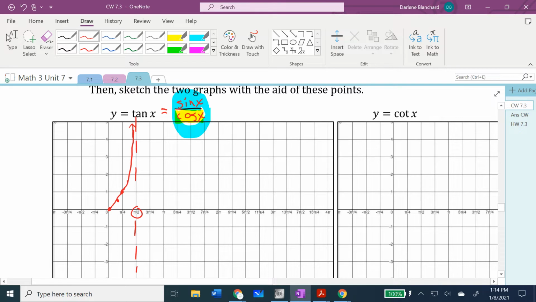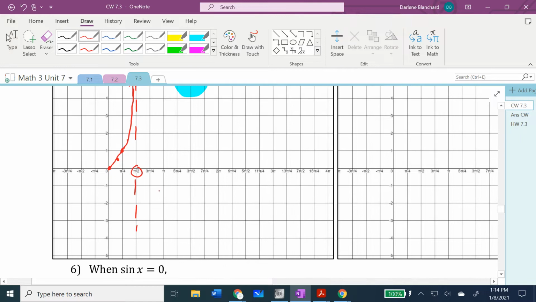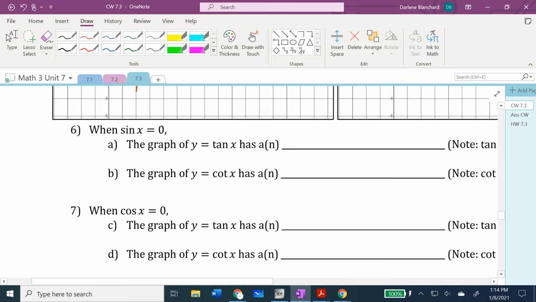And then I can continue and plot more points. Let me try and plot a couple of those. So there's a couple of the points that we found, and then that is not what I intended to do.